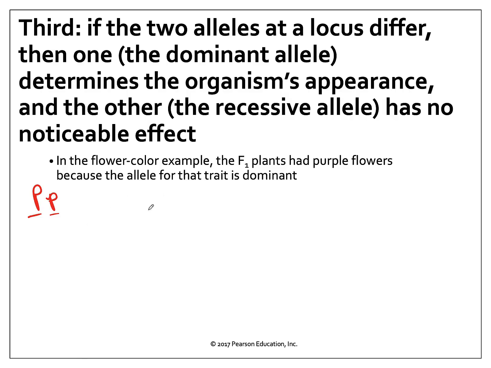This is called complete dominance. So this is a heterozygous individual. We can use the genotypes to figure out the physical expression of these genes. What color are the flowers? The phenotype is the physical expression, whereas the genotype is the alleles.